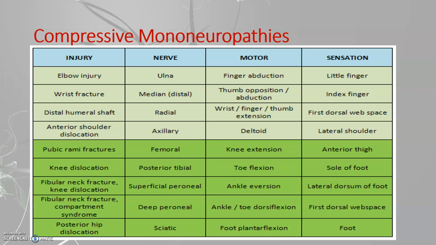This table shows you some nerve injuries that may be associated with specific orthopedic injuries and dislocations. Just to note, this is a really common type of question, both in the written exam and in the oral exam for your DM Part 1.